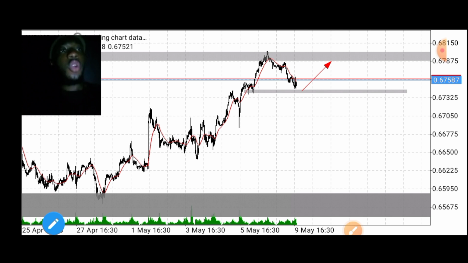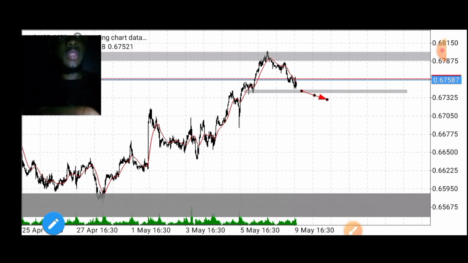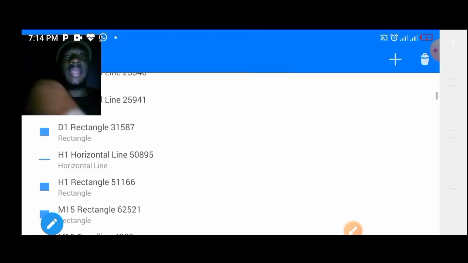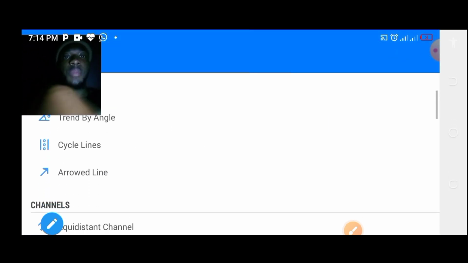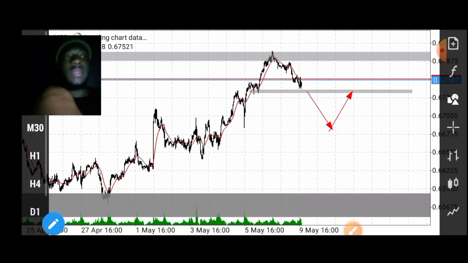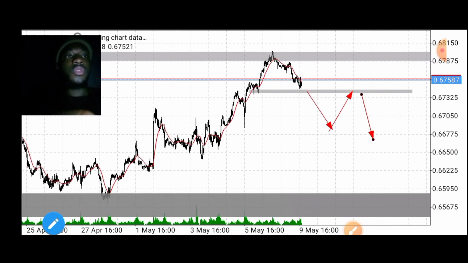Okay, I could also break it. Then this area is going to become the resistance for the next impulse. Meaning if it breaks it, the price will actually come back to it again and continue lower. Okay, that's the zone I'll watch out for.